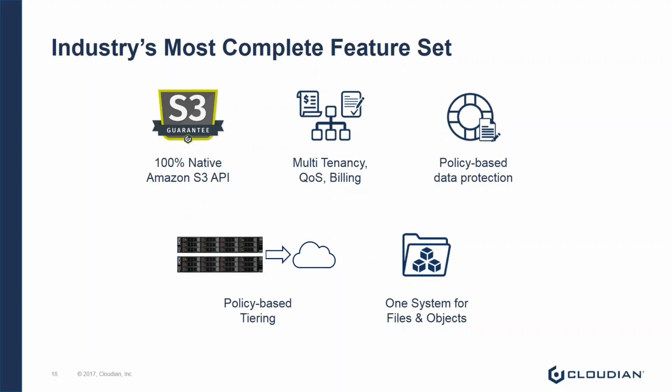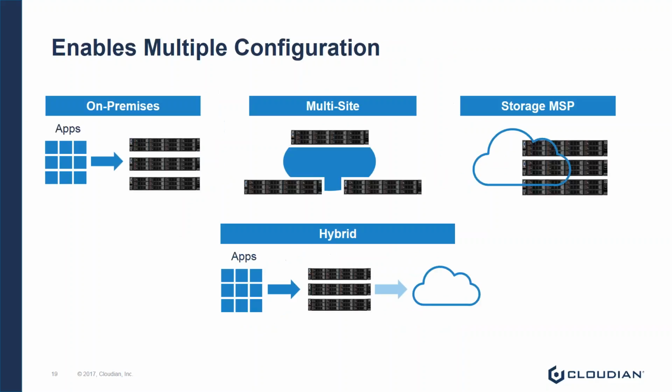There's a lot of really advanced features which are included in the S3 API, and we support them all, from multitenancy, which means you can operate with multiple different operating environments within the same storage space, QoS, so you can have multiple users all sharing a resource with no noisy neighbor problem. And then billing, you can account for what each user is doing. There's numerous policy-based tools, including data protection, tiering, and then a single file system for files and objects. So we have the ability to store files as well.